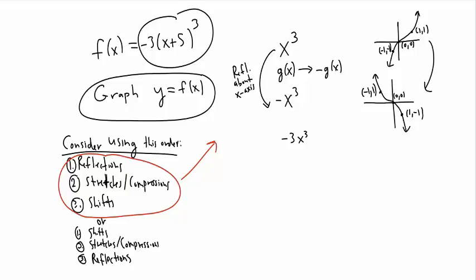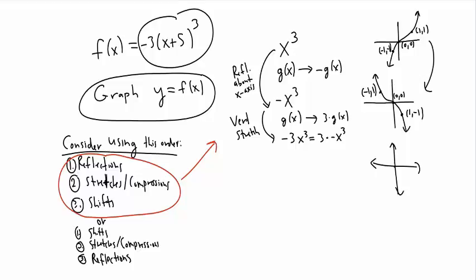So let's look at minus 3x cubed, which is 3 times minus x cubed. So if you're starting with the formula g of x, you're then going to the formula 3 times g of x. So this is a vertical stretch. The graph gets taller.